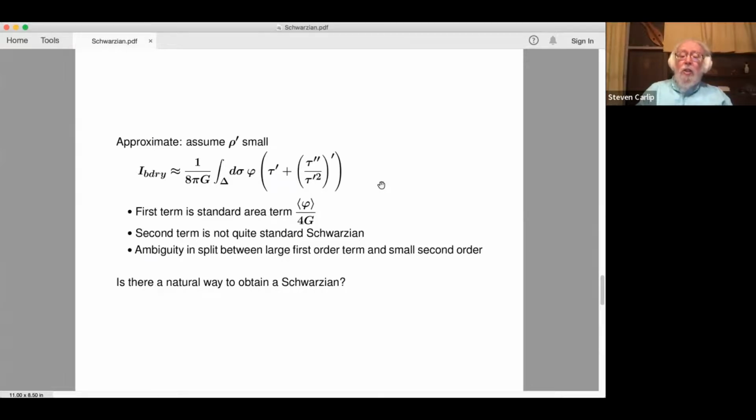The second term almost looks like a Schwarzian, but it's not quite. So it looks as if we're not getting a Schwarzian action here. But there's also an ambiguity because the two terms have very different sizes. As long as the stretched horizon is very small, the first term is much larger than the second. So you can wonder, can you shuffle a little bit of the second term into the first and get a Schwarzian derivative? Well, you can, but it seems kind of arbitrary.